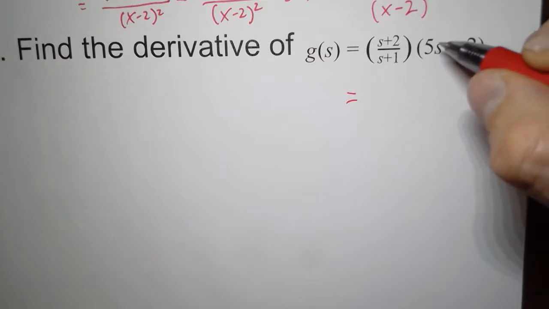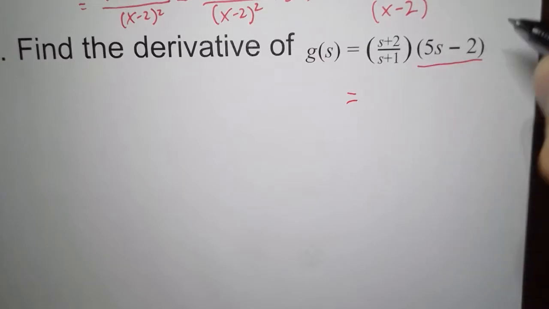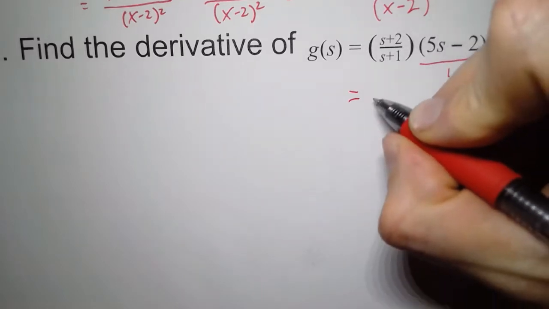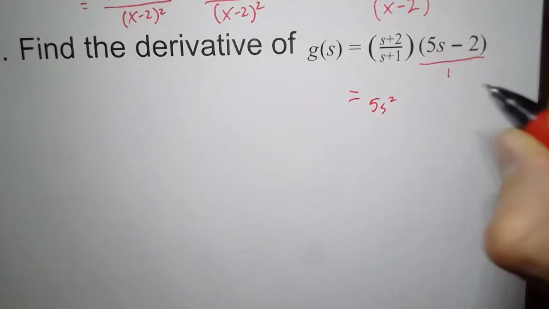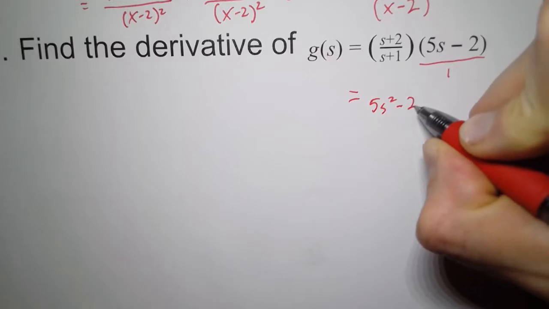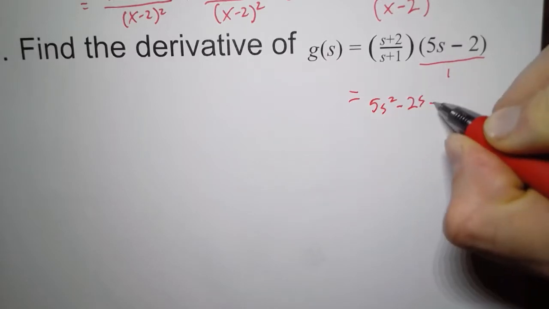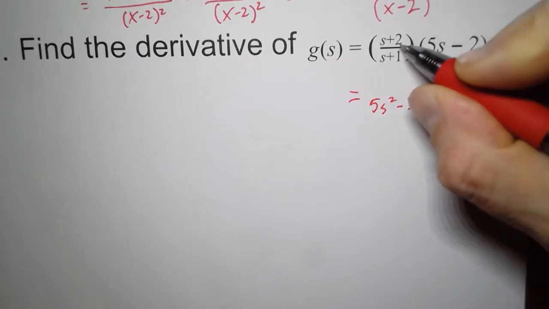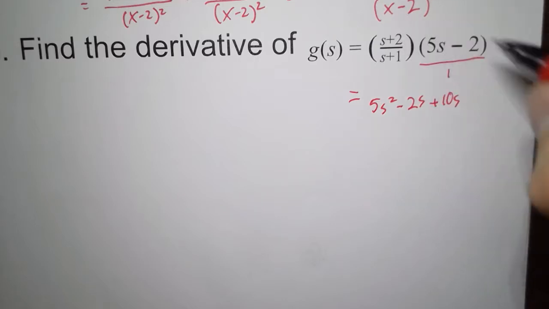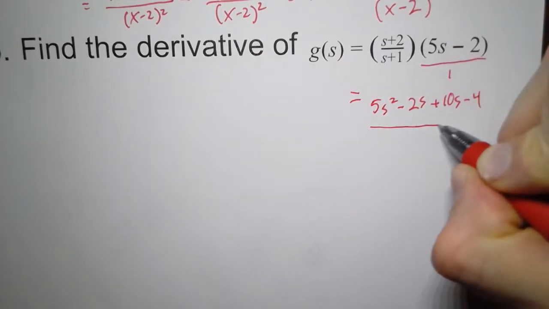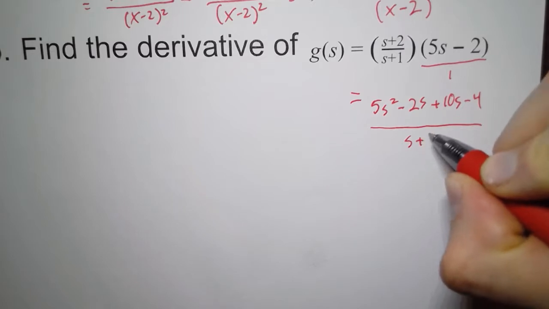So when we multiply, we treat this as 5s minus 2 over 1. So we multiply our numerators, 5s squared minus 2s plus 10s, 2 times 5s, and then finally minus 4, all over s plus 1.